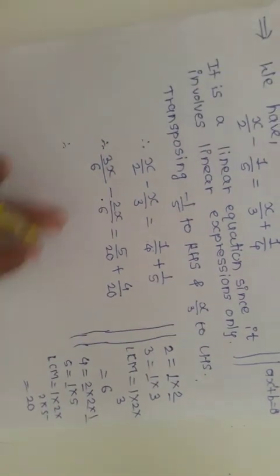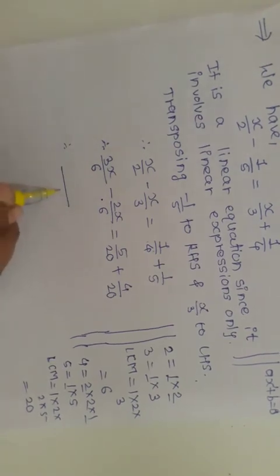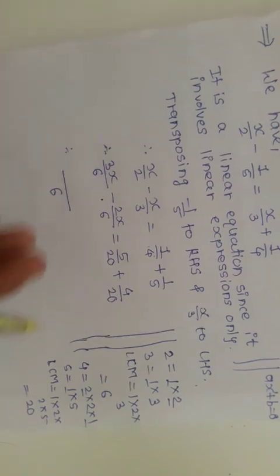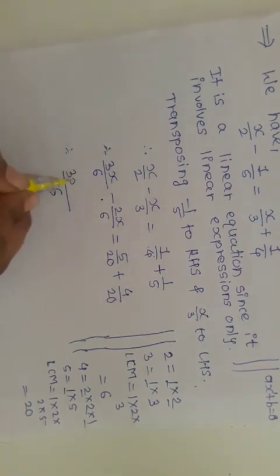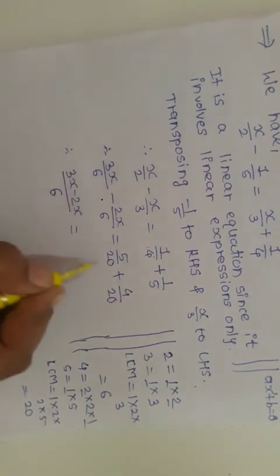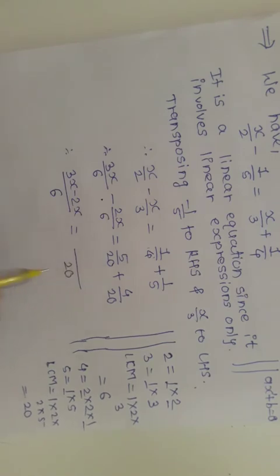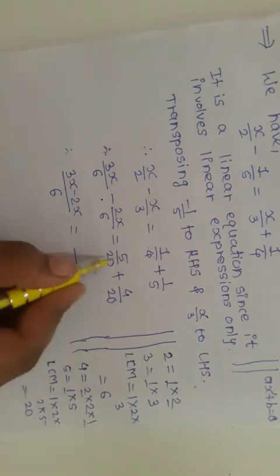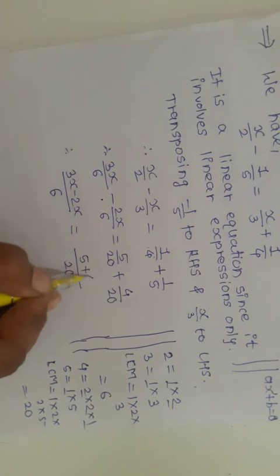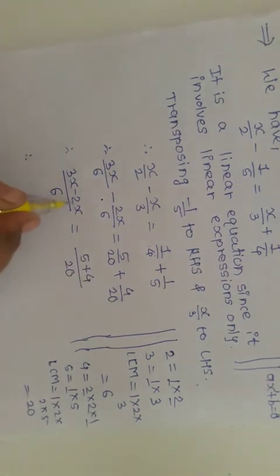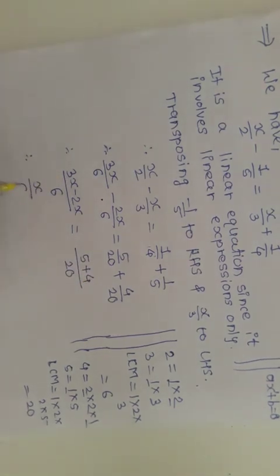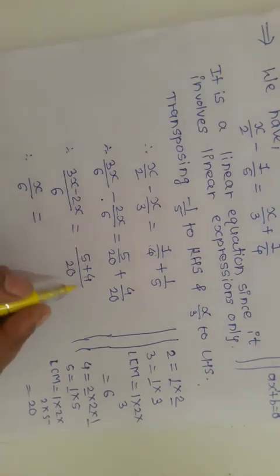Now the denominators are the same, so take it as the common denominator and add or subtract the numerators. So 3x minus 2x, and 20 is the common denominator, so add the numerators, 5 plus 4. Therefore 3x minus 2x is x upon 6 is equal to 5 plus 4 is 9 upon 20.